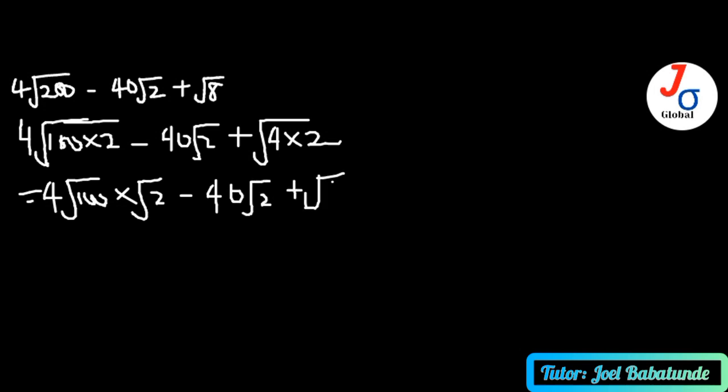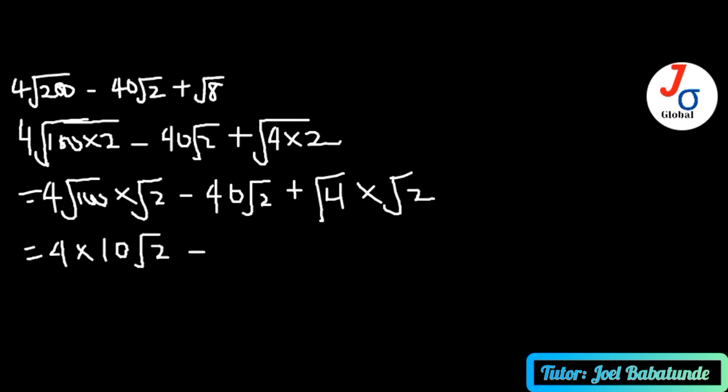plus root 4 multiplied by root 2. And so root 100 is 10. That's 4 times 10 root 2 minus 40 root 2 plus root 4 is 2. That's 2 root 2.